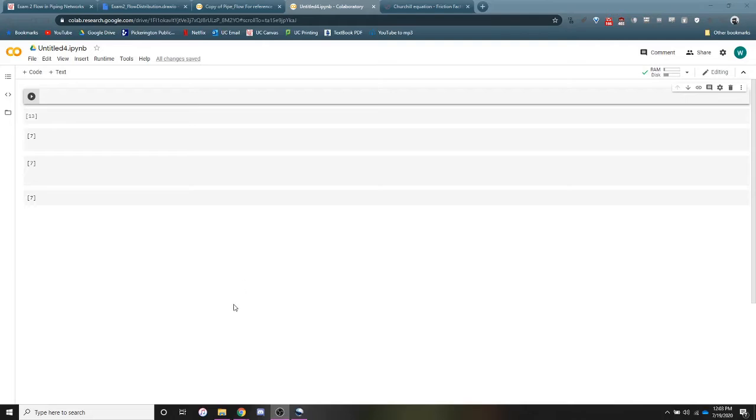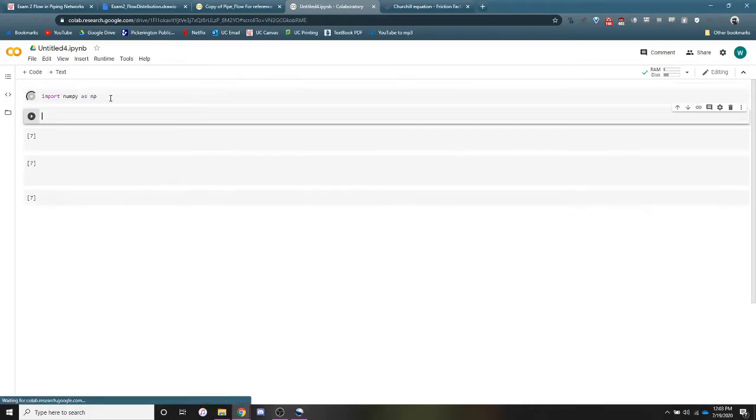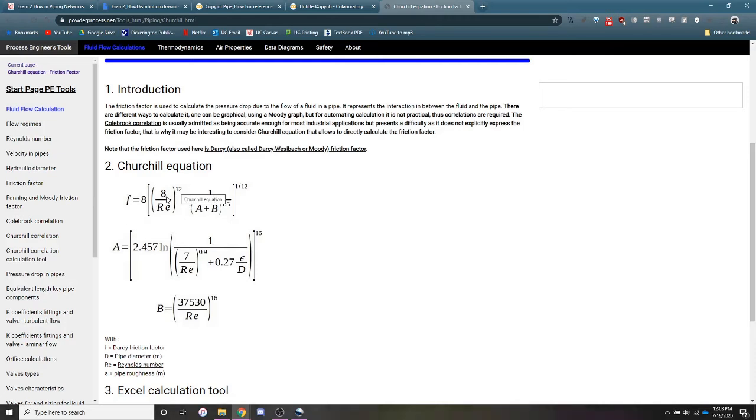So here we are at the coding screen, and first things first, we need to import numpy as np. Next, we need to figure out a way to calculate f, because that's one of the variables we need, the friction factor. We do that by using the Churchill equation, where f equals this, and A and B equal these two things.